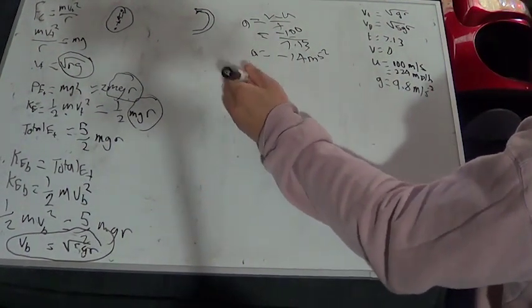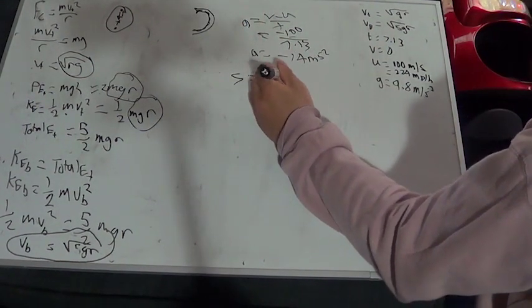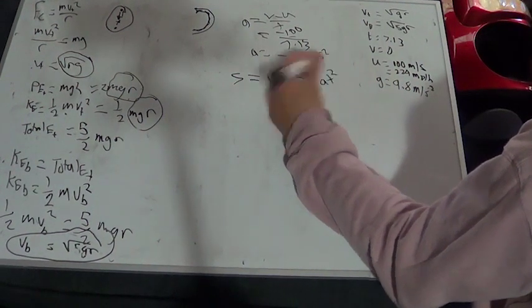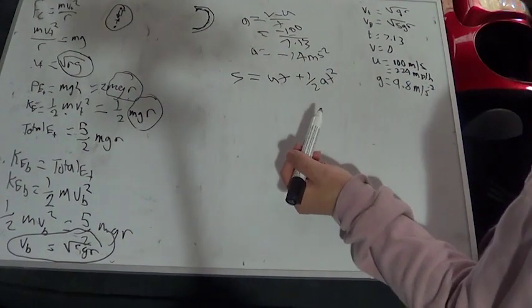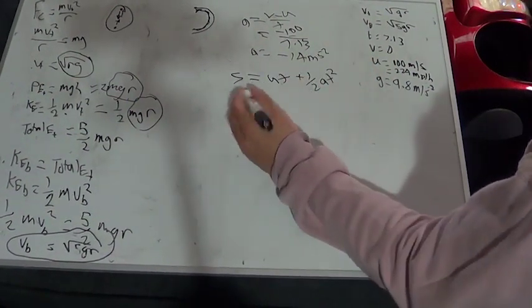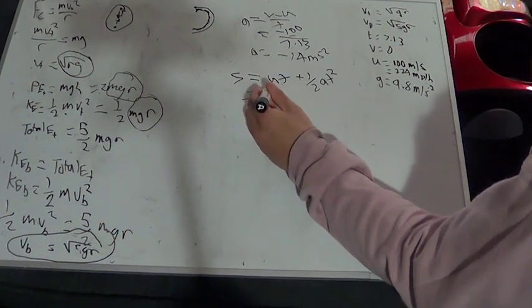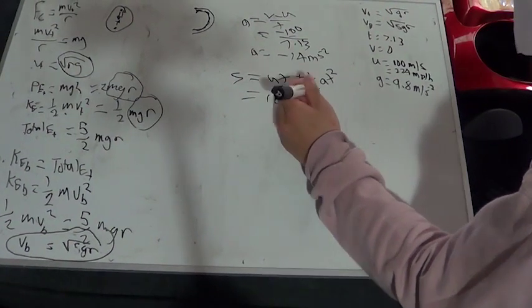Next we have the formula to figure out the distance that he travelled, which is s equals ut minus half at squared. The acceleration is negative, so this will become a plus, so we don't have to actually change anything. Putting these variables in, we get 1068 meters.